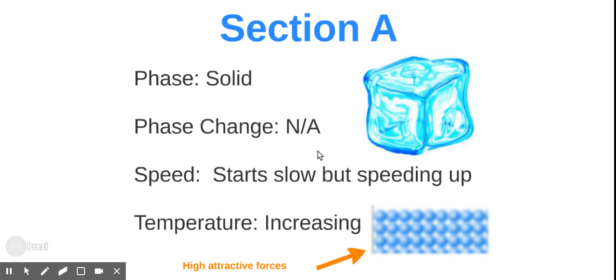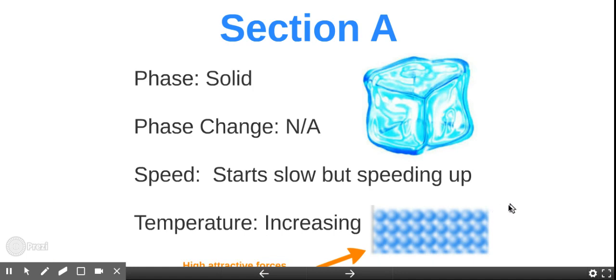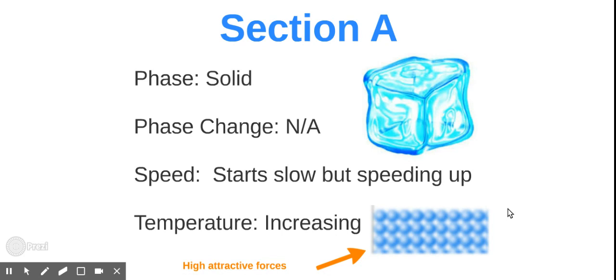Now, if you look at the bottom, you're going to see that these guys have high attractive forces. Solids are solids because they have attractive forces, and it's high attraction. That's why solids keep their shape, because the molecules have this kind of like, it's not a bond because it's a physical presence, it's a physical force, but it's kind of like holding hands.